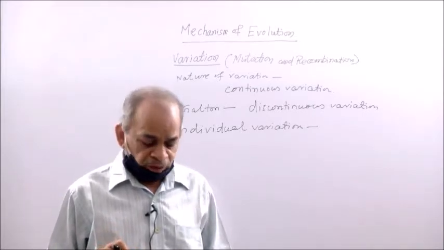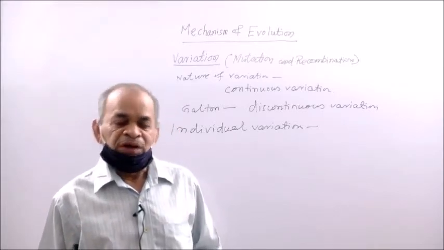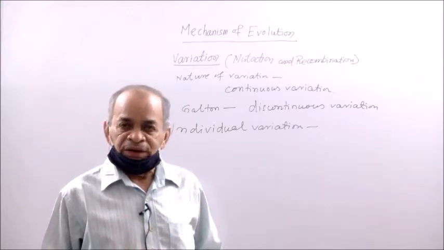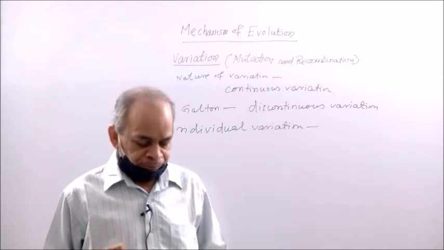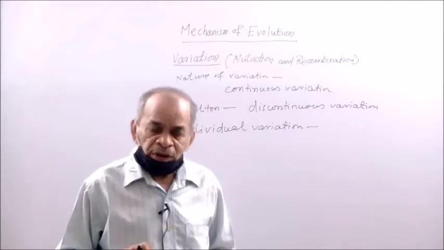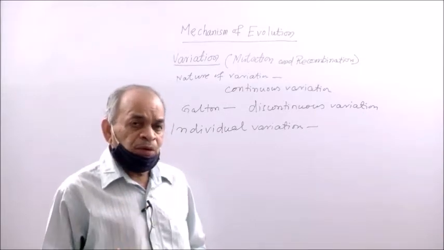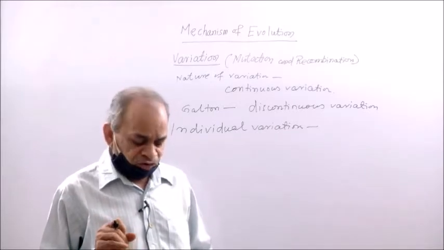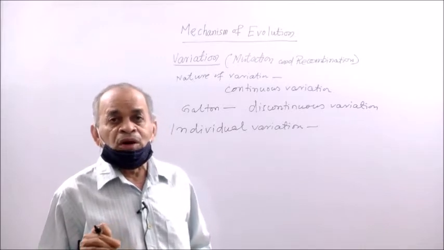From an evolution point of view, these may be non-genetic or genetic, meaning there may be variation in the genetic material or no change in the genetic material. Phenotypic modifications that do not involve genetic changes are known as non-genetic individual variations.